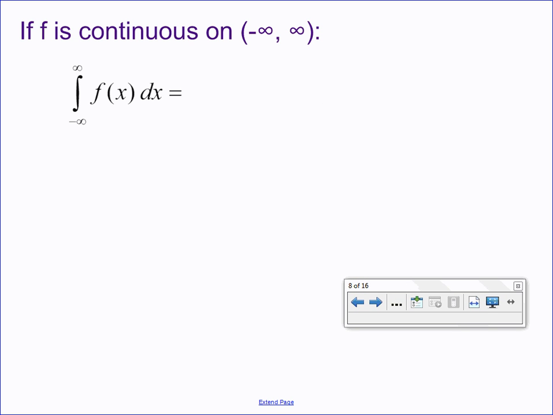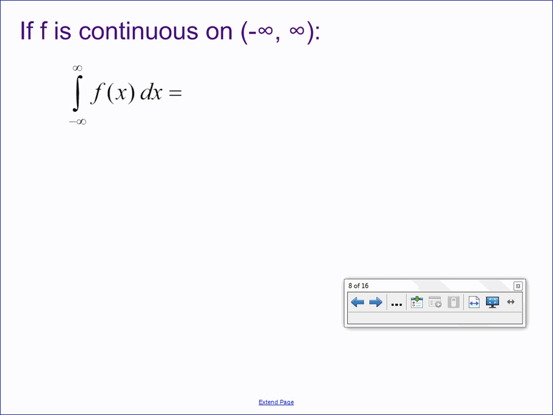The last one is the trickiest one, so I just wanted to include this yet again. If f is continuous on negative infinity to infinity, recall that, and we saw this in our assignment last class, you could break up this integral at any convenient constant in between negative infinity and infinity in accordance with the property of definite integrals.